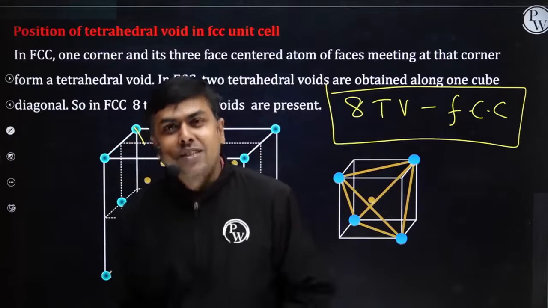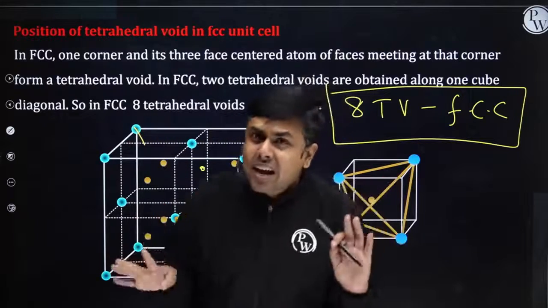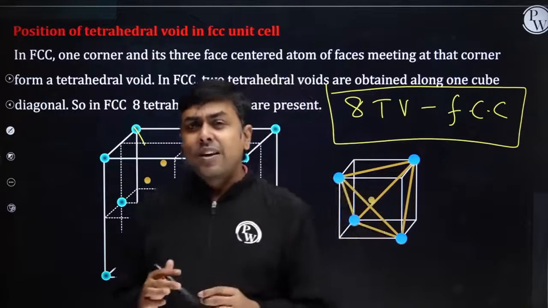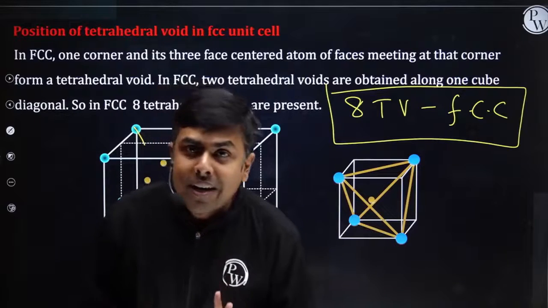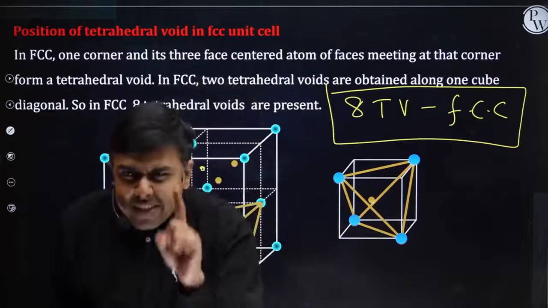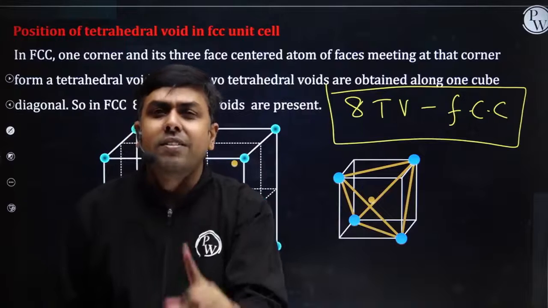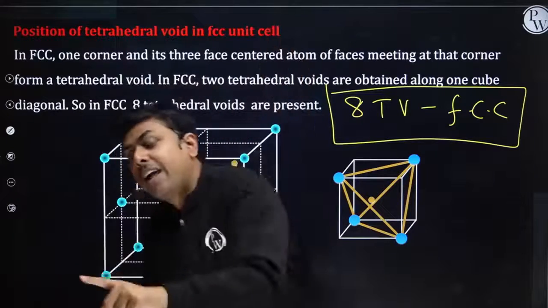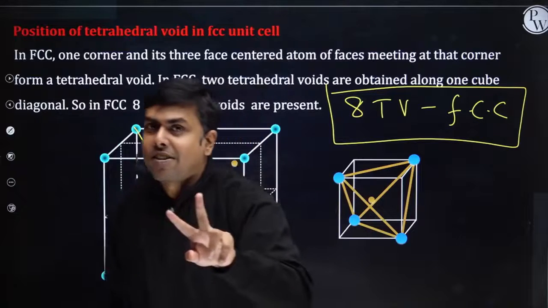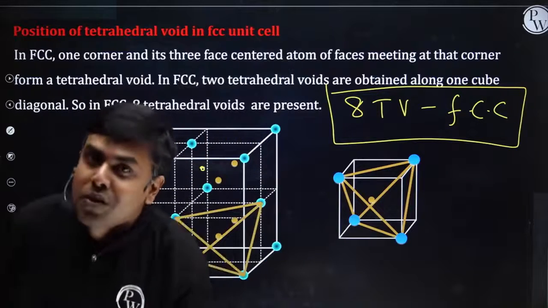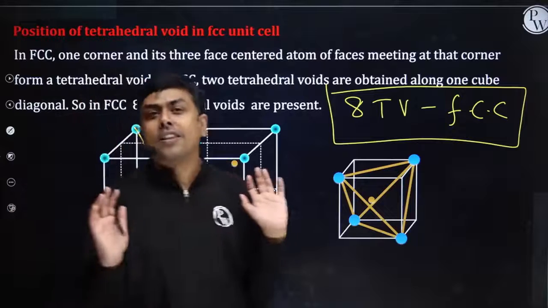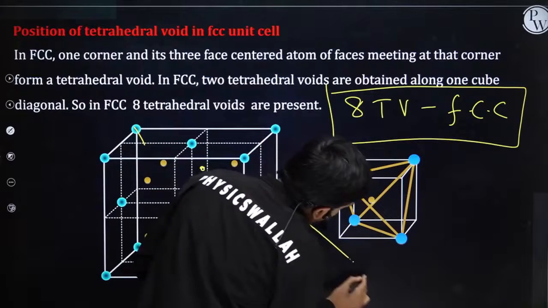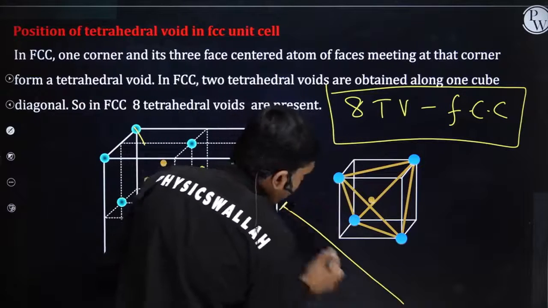Okay, basically students, we are having 8 corners. These 8 corners are joined by 4 body diagonals. So students, basically these tetrahedral voids will lie on these body diagonals. On each body diagonal, I will have 2 tetrahedral voids at a distance of root 3 by 4 a from each corner.